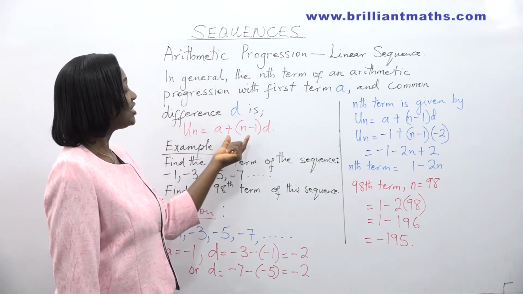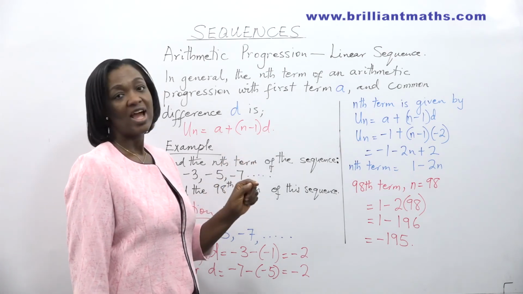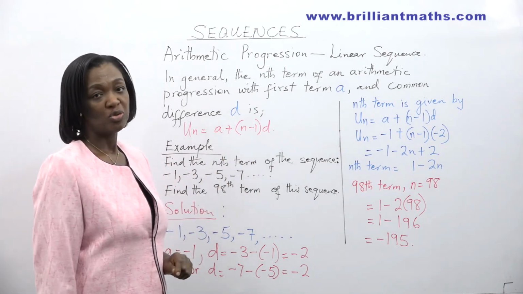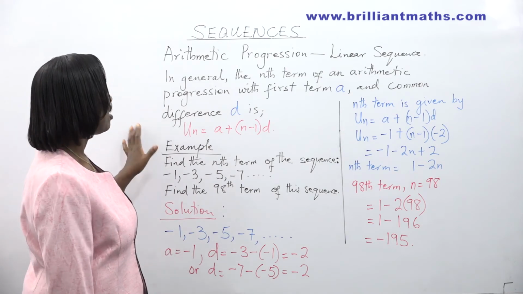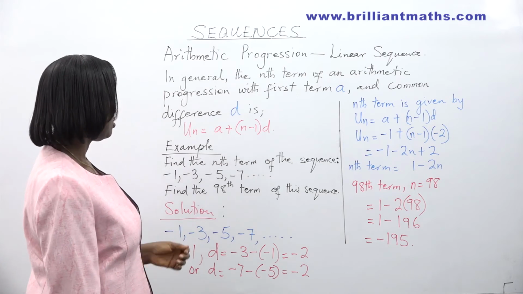You multiply the term before the nth term by the common difference and add the first term to it. That's the general formula for an arithmetic progression.